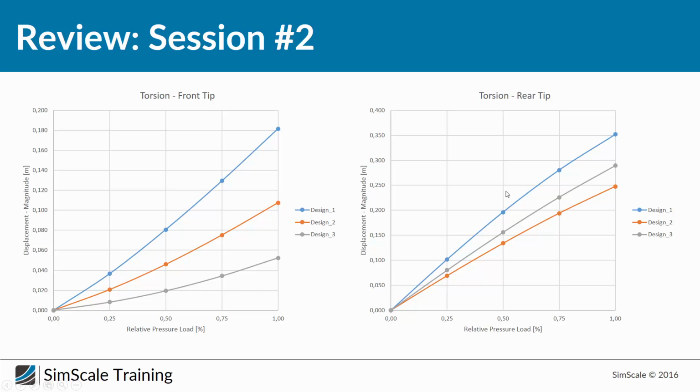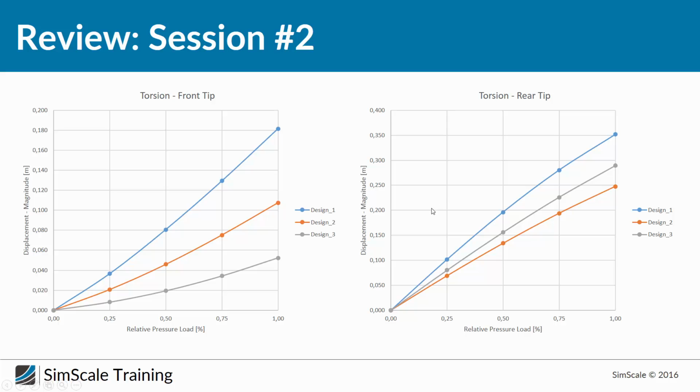Finally, we can also do the same for the displacement of the rear tip, and here we have quite similar results. The only difference is that if we're looking at the rear tip, it seems like the fillets would have a negative impact.